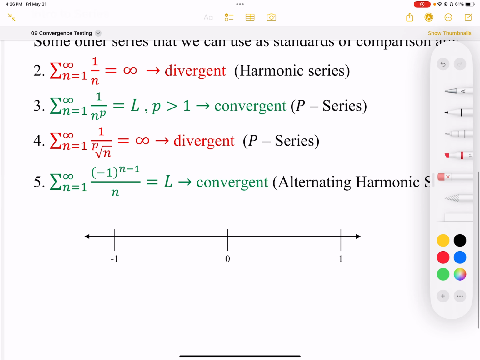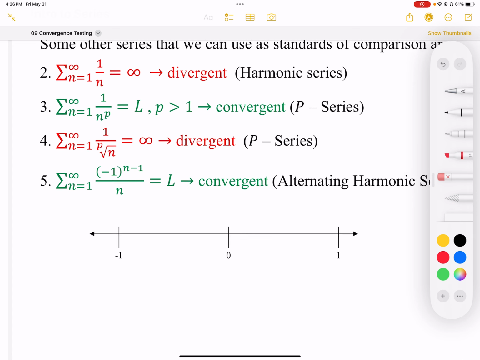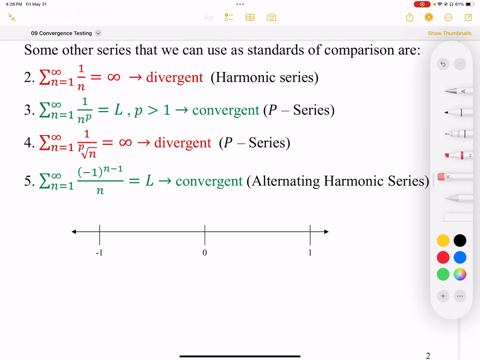And the alternating harmonic series, because it alternates, it happens to be convergent. And this one, if we take a look at what happens, if we have a positive term, so if n is equal to 1 and it's positive, okay, we can just show this as this is equal to 1.